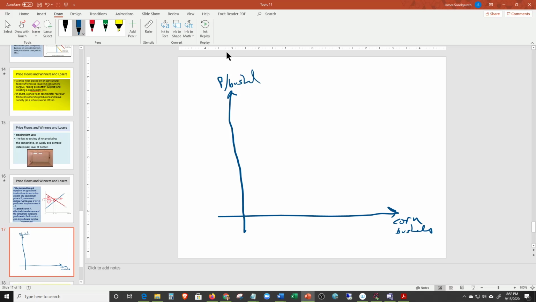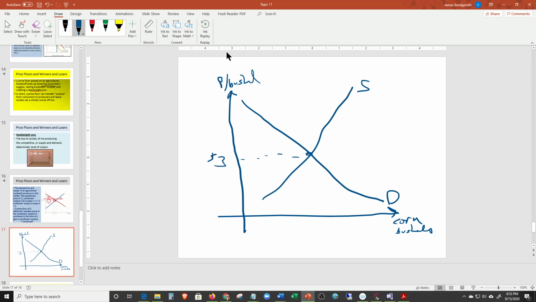I'm so far away from agriculture, I don't know what it is. I'm guessing around $5 a bushel. I'm just going to say it's $3 a bushel, and the government is going to guarantee $6 a bushel. And there is the price floor.